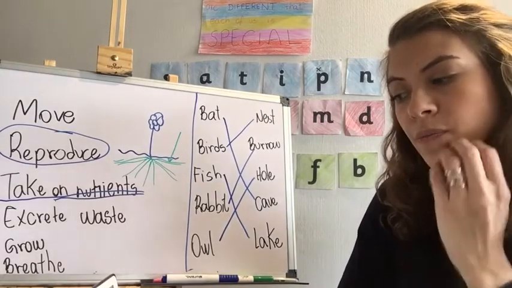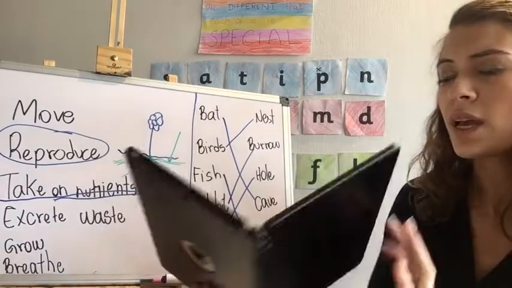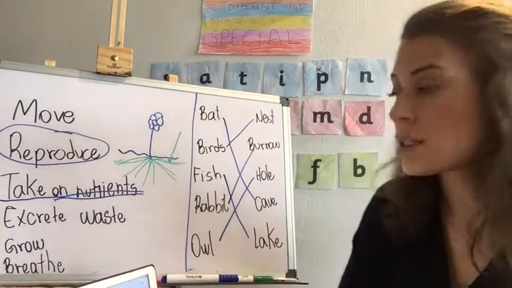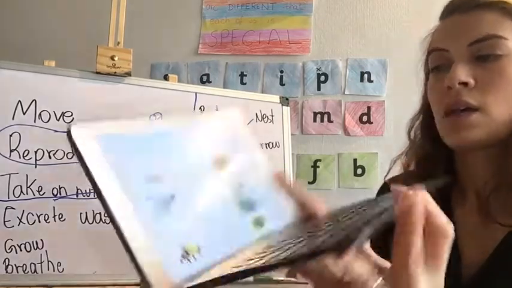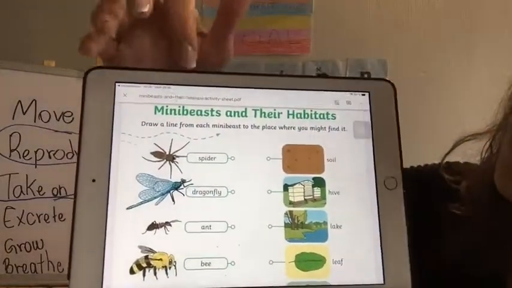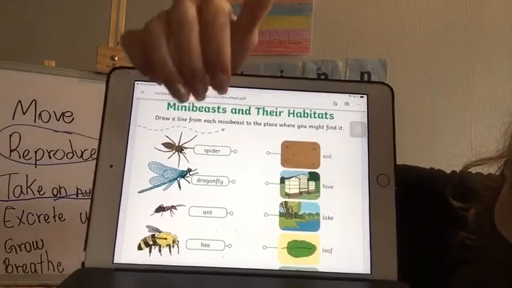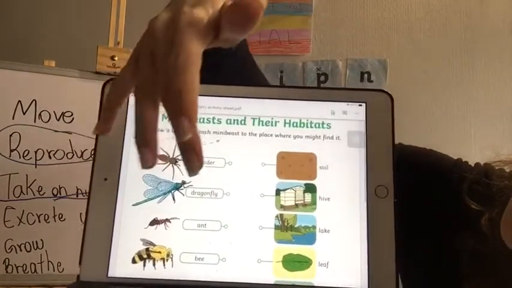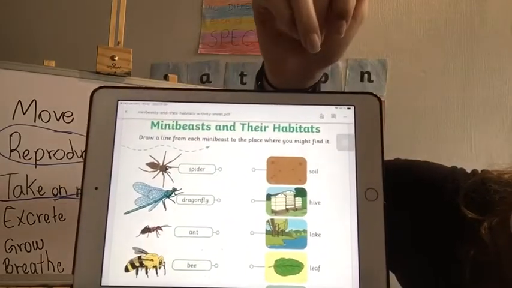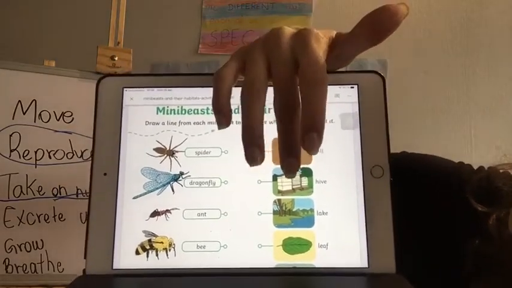So your activity will be the same as we did here together. You'll draw a line from each mini beast here, from the place that you might find it.